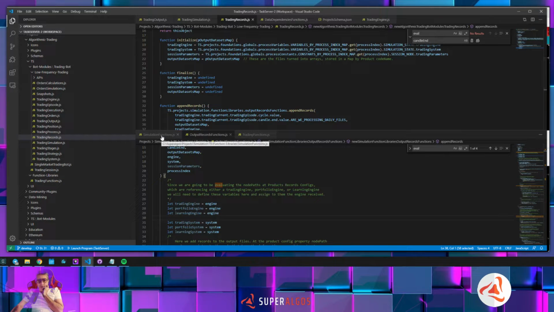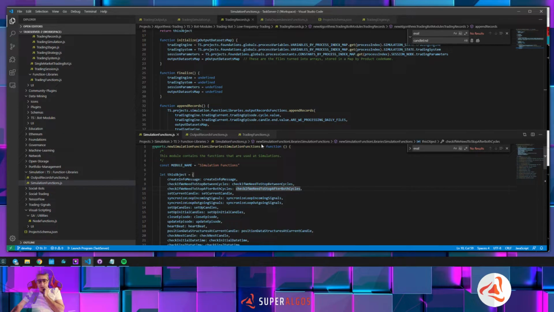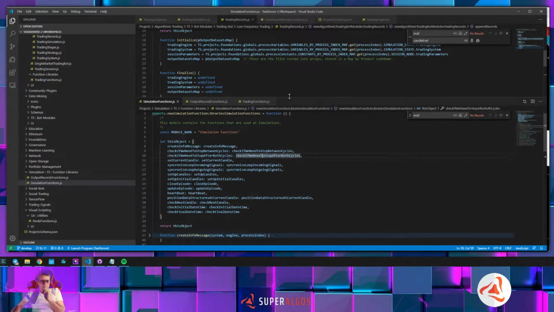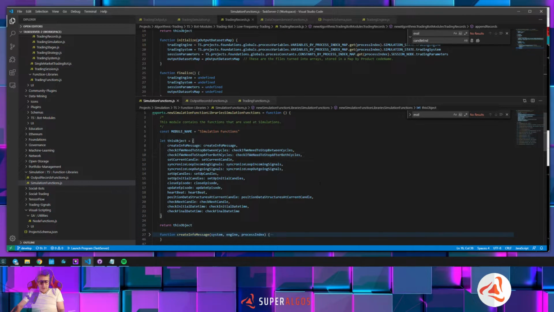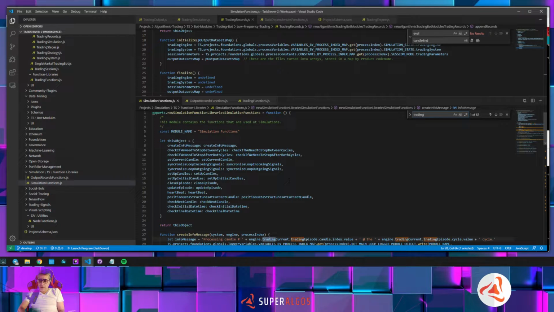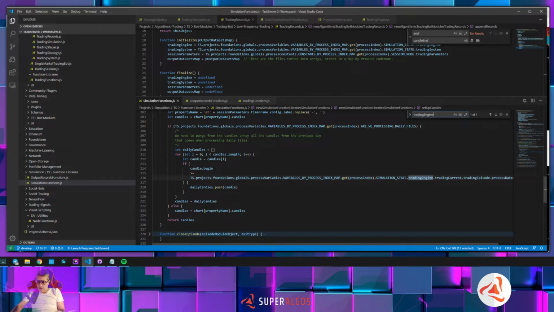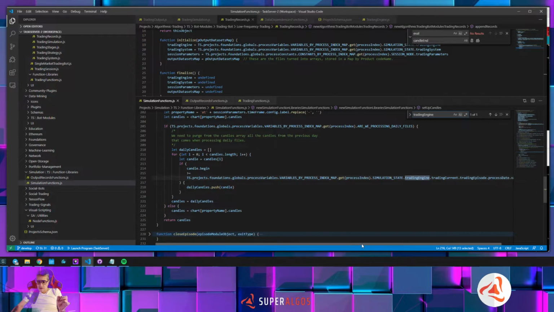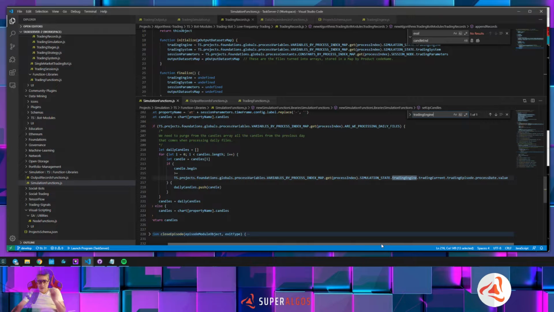And the other thing that I mentioned in the previous episode is that at the simulation functions, we might be using trading engine and specific paths of the trading engine. So that wouldn't work well. Yeah, trading current simulation state, for instance. Okay, it's only one. Amazing.